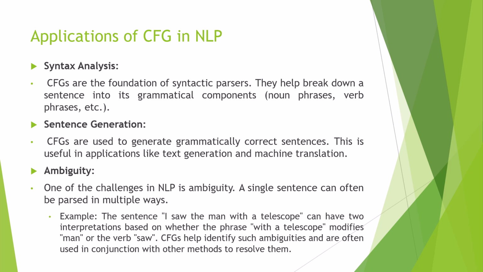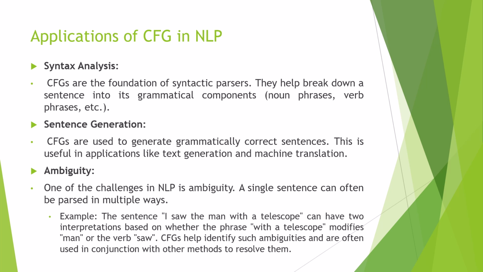We can also resolve ambiguity by constructing several parse trees for a given sentence. We can parse the parse tree to understand the purpose or the meaning of the word by adding annotations or tags to it.